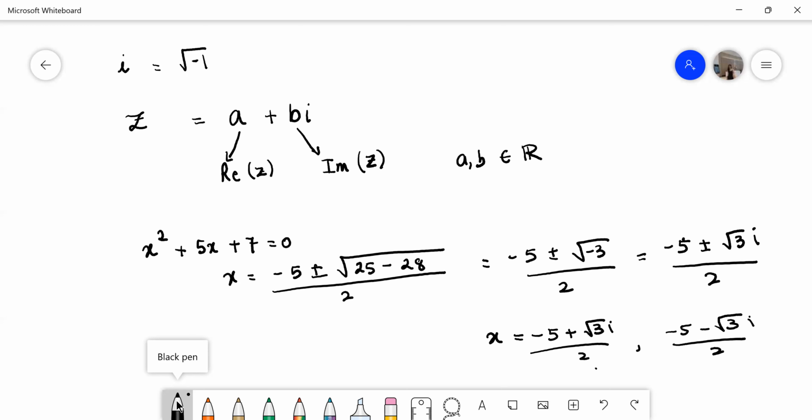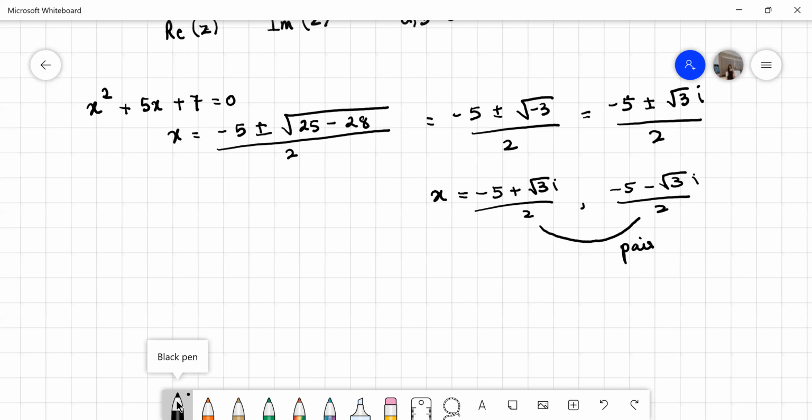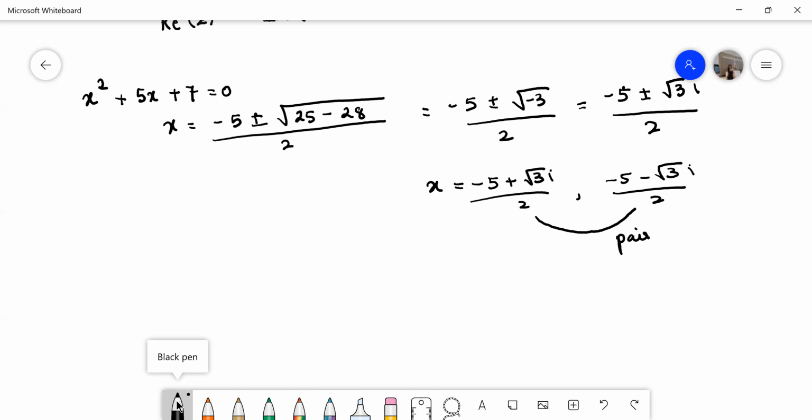So complex roots always come in pairs, and they are also known as a complex conjugate pair. See that in these two complex numbers, what differs is the sign in front of the imaginary number.